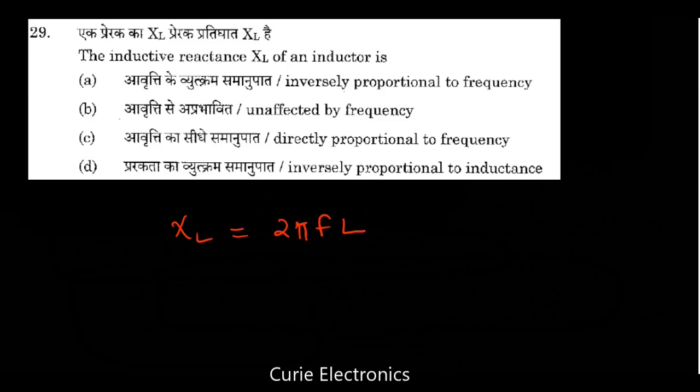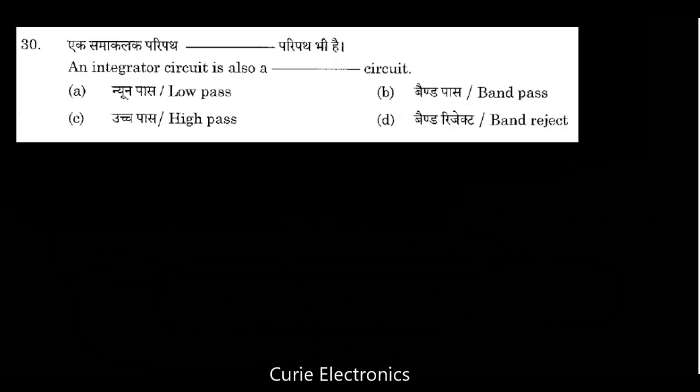Today's last question. An integrator circuit is also known as... an integrator circuit looks like this, a resistor and a capacitor. Here we give the input, and here we take out the output. This is the integrator circuit.